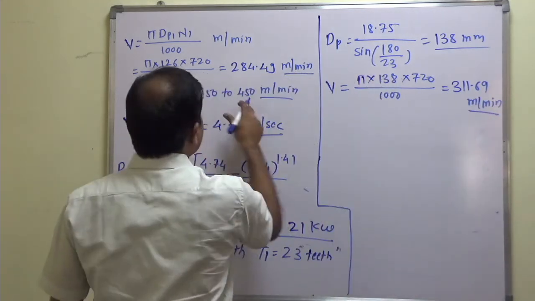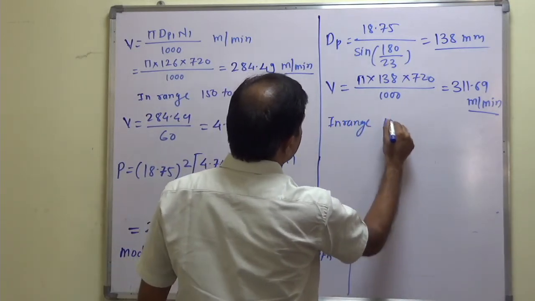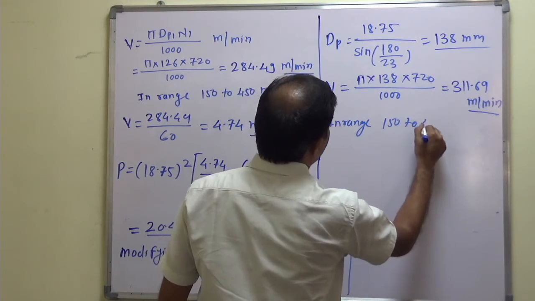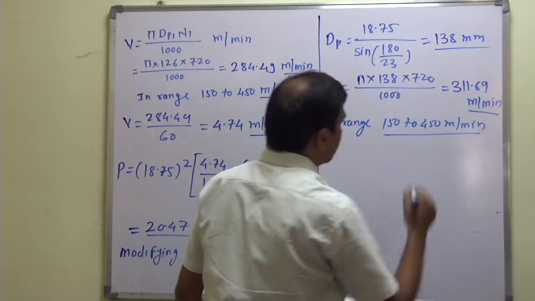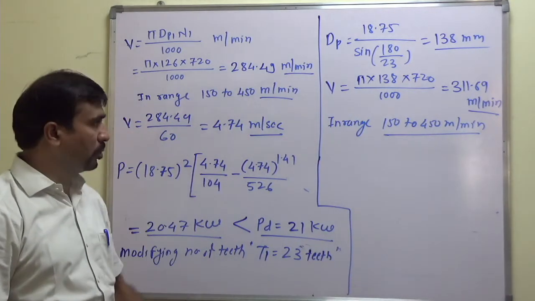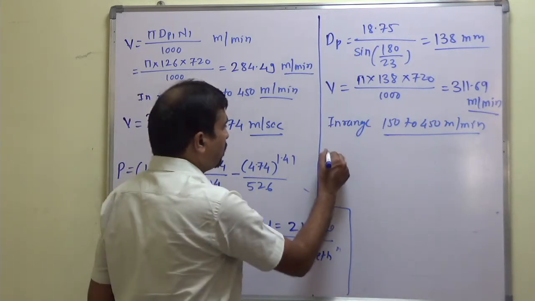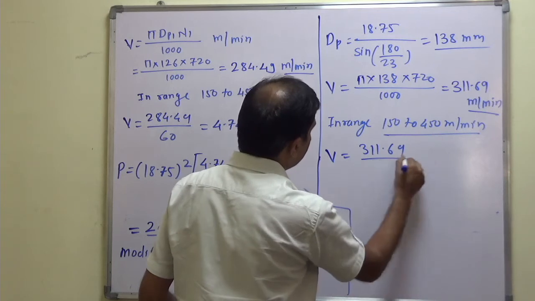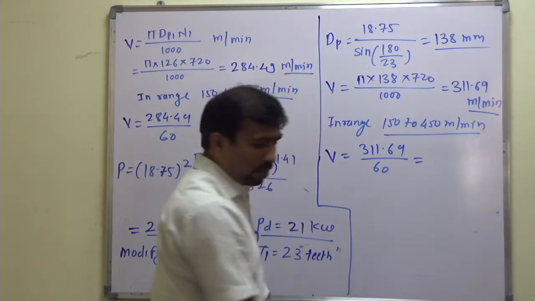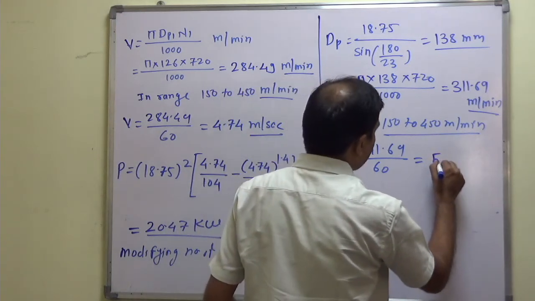Again this is in the range, 150 to 450 meter per minute. Dividing this by 60, 311.69 divided by 60, you get 5.19 meter per second.